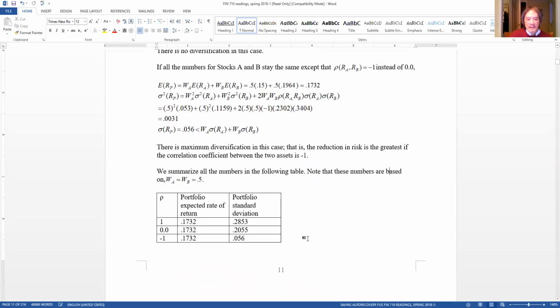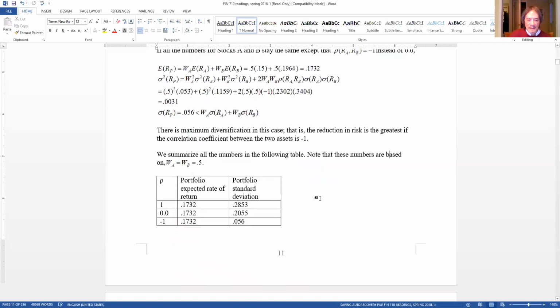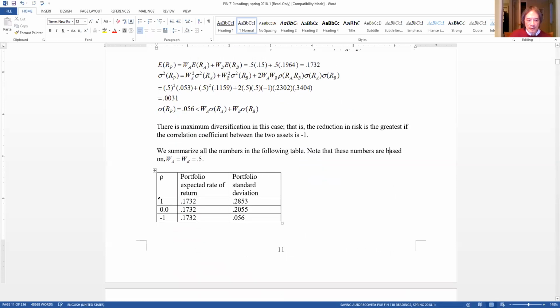So up to this point, we have calculated many numbers based on correlation equal to 1 or 0 or -1. Under each correlation, we calculate expected return of the portfolio and the standard deviation.